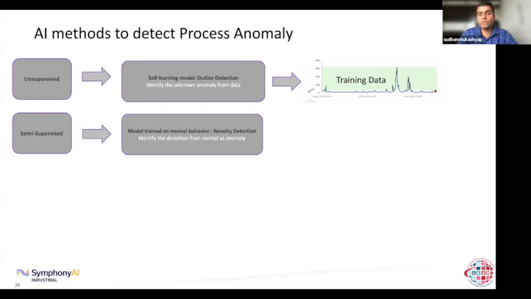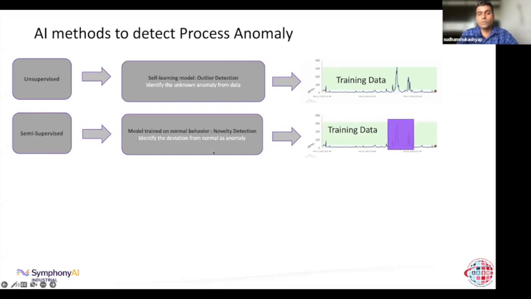So it learns its good process behavior, where your performance is good, your product quality is good, and there are no problems overall in running the process. So in that condition, the AI algorithm learns how a normal process works, and once there is any deviation from it, it will detect it and notify.